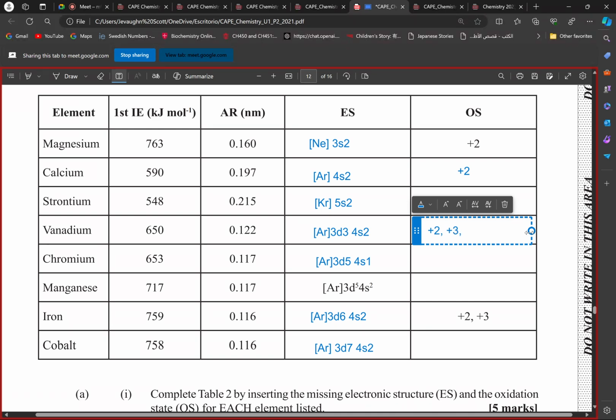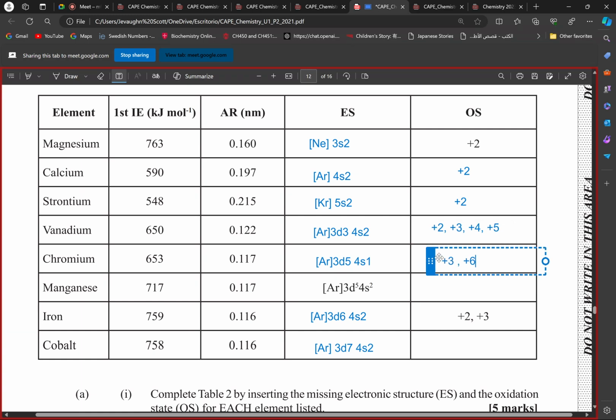Generally here, I'll just remain with those. Transition elements have multiple oxidation states. For chromium, the most common ones that we see at CAPE are these two.